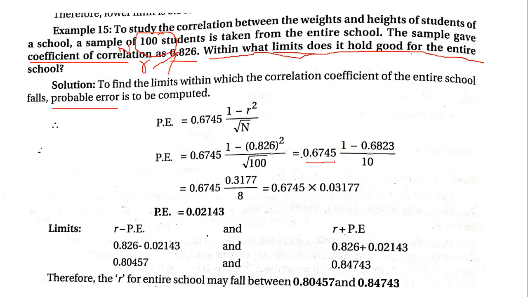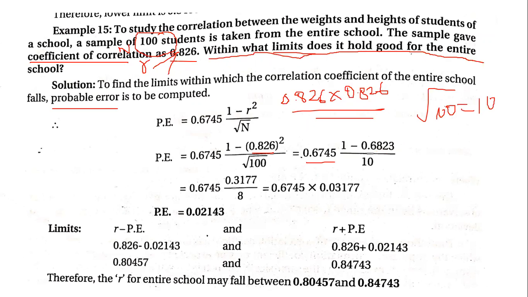Then 0.6745 into 1 minus 0.826 square. How do you square? 0.826 into 0.826. This is the multiplication. So if you multiply like this, you get 0.6823 whole divided by square root of 100 is nothing but 10. Okay, now further simplify that.